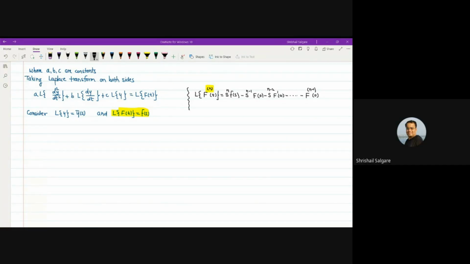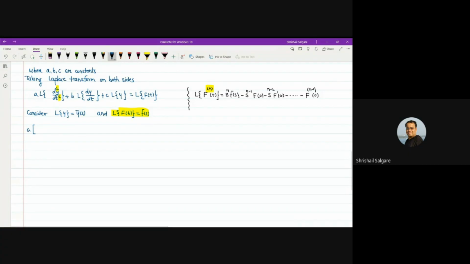Very good. Okay, next. If you apply this result for the second order derivative, outside the bracket a is a constant, that remains the same. For the second order derivative, what is n in this case? The value of n is 2.